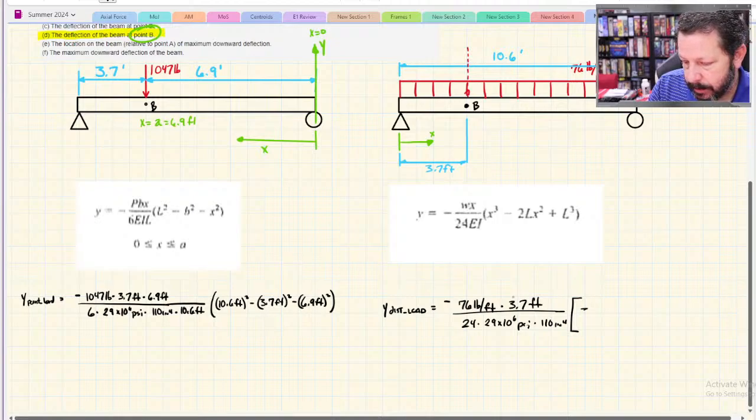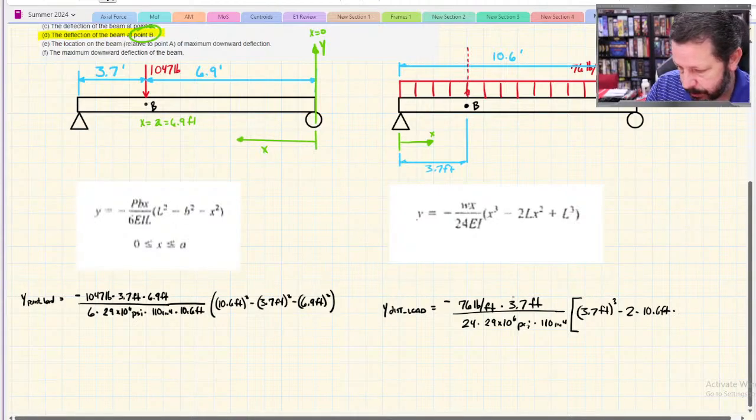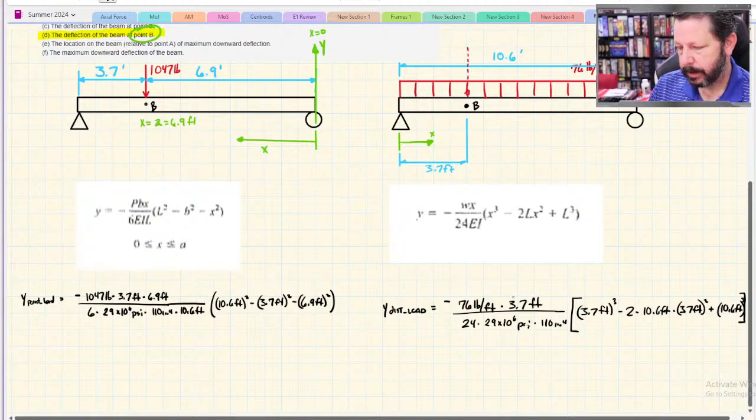In this case, X is going to be 3.7 feet cubed, minus 2 times L, where L is the length of the part of the beam that we're dealing with, so that's the 10.6, times X, which is 3.7, and only the X part is squared, plus the 10.6 foot cubed, and we're about out of space there.